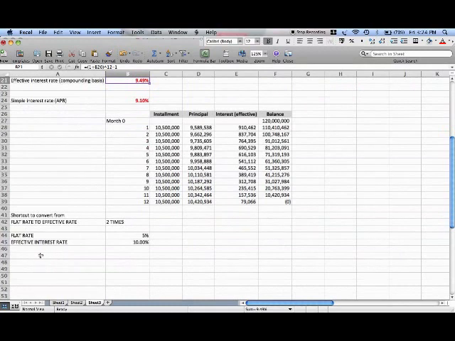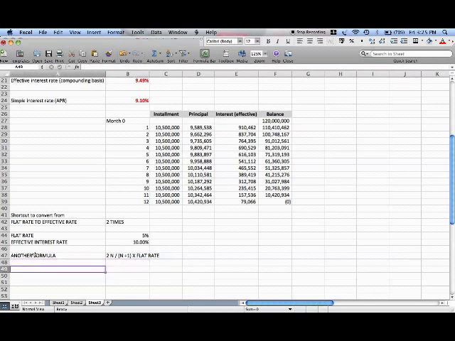But you can use another formula: 2n divided by n plus 1, and then times your flat rate. Your n is your installment period.